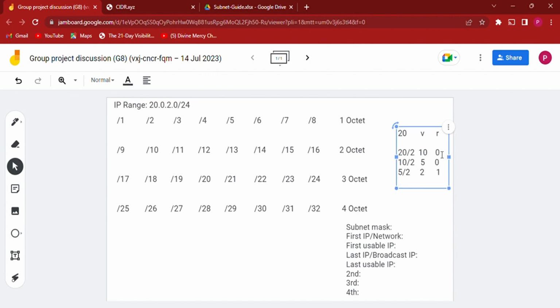So remainder 1. Now 2 divided by 2 gives you 1, remainder 0. 1 divided by 2 is 0, remainder 1, because 2 cannot divide 1. So that's 0, and the 1 will still persist. So you put the 1 there.